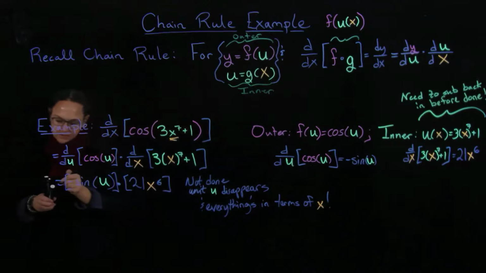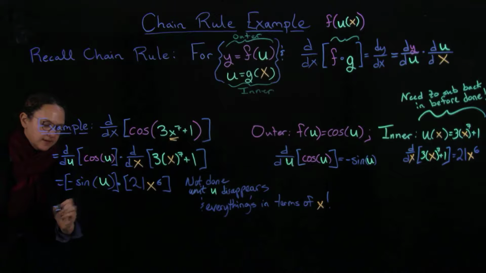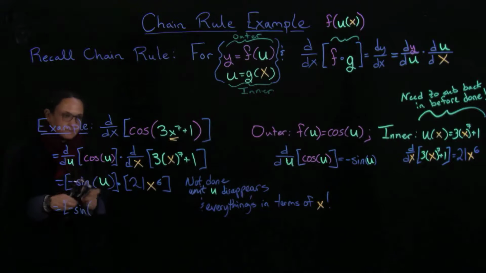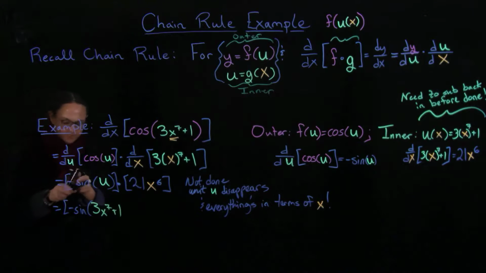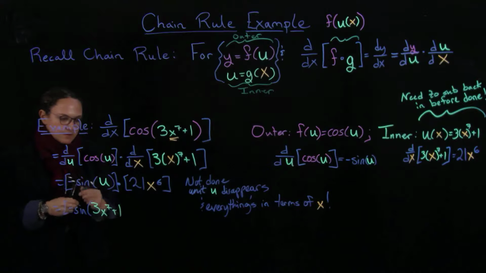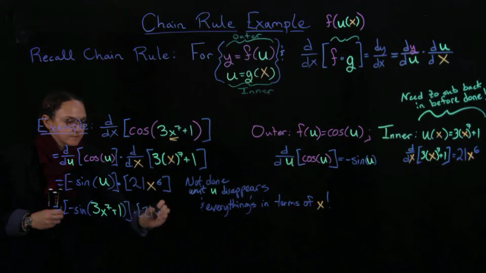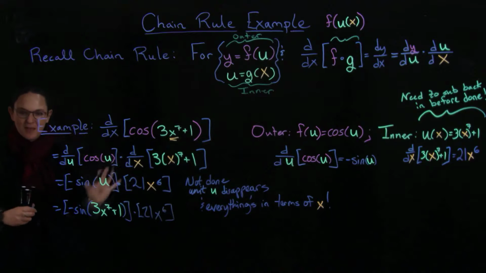So I can go ahead and do this. So I'm just going to get, this is equal to, so I have minus sine of 3x to the 7 plus 1. Close this back up, and then multiply it just by there. Now everything's in terms of x, so I'm a happy camper.